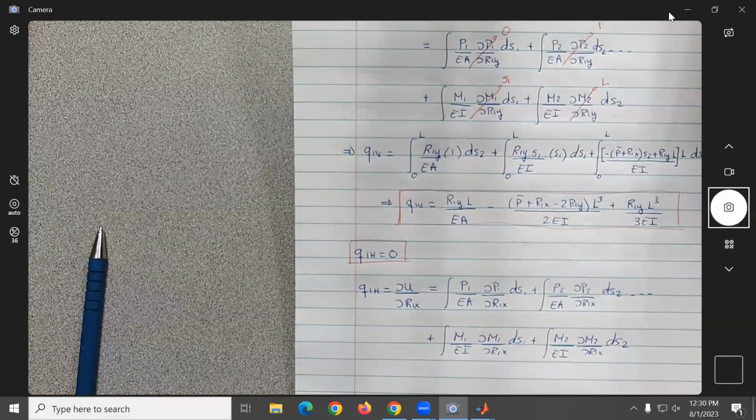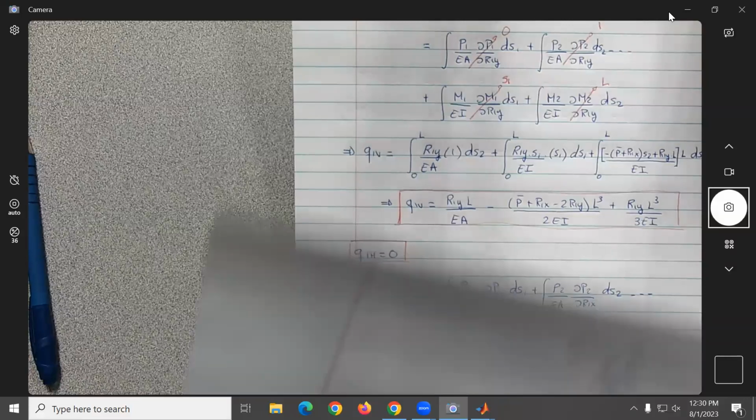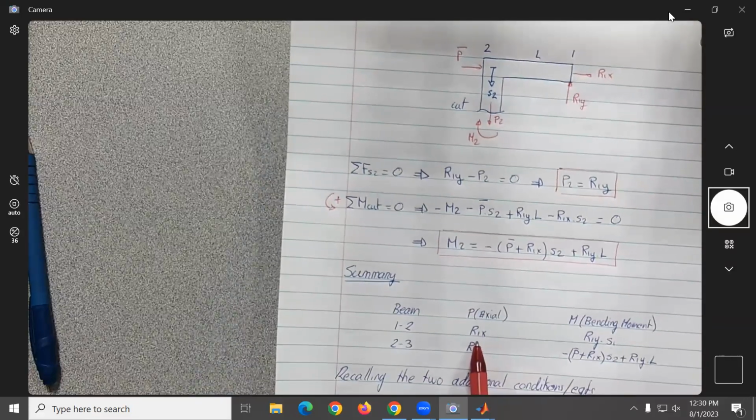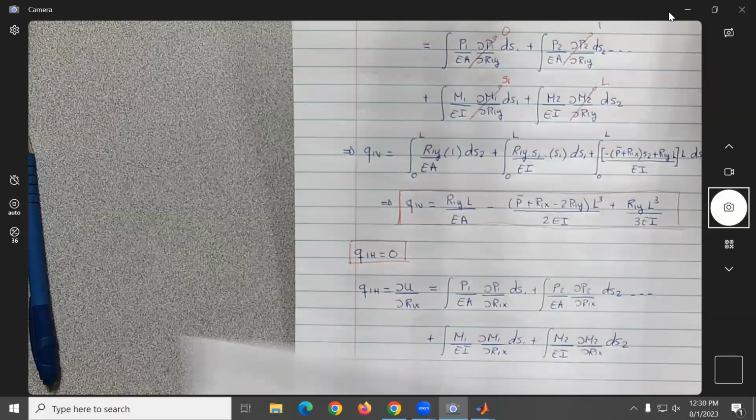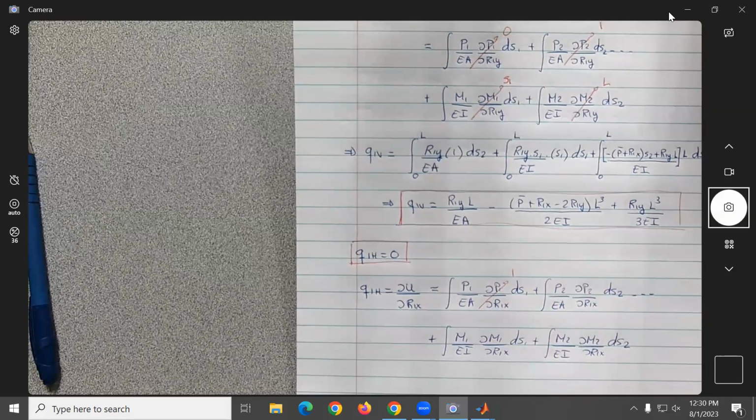Okay, so if you want, let's do one more thing here and then we're just gonna go to the MATLAB. What should be those partial derivative terms? What should be partial of P1 with respect to R1X? What is P1? 1. So this one should be 1, no? Okay. What should be the second one?